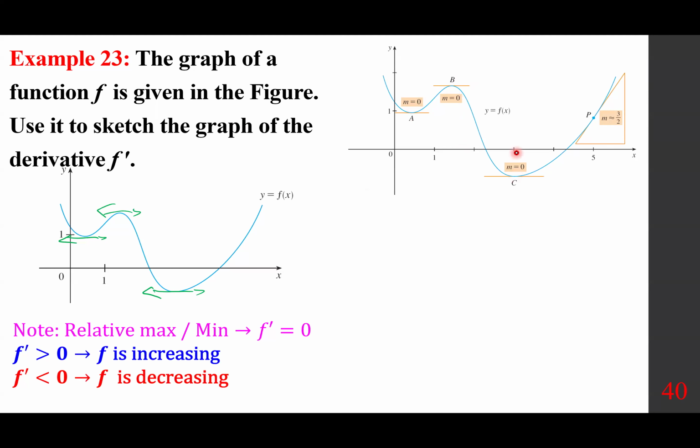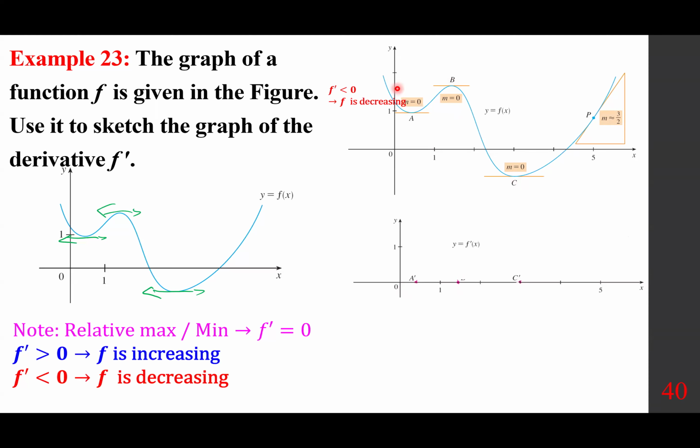So it's important to understand that A corresponds to A prime, same x coordinate, the y coordinate is 0. B has the same x coordinate as B, C the same x coordinate as C, so we're going to call them A prime, B prime, C prime. So 0, 0, 0. Those are x-intercepts.